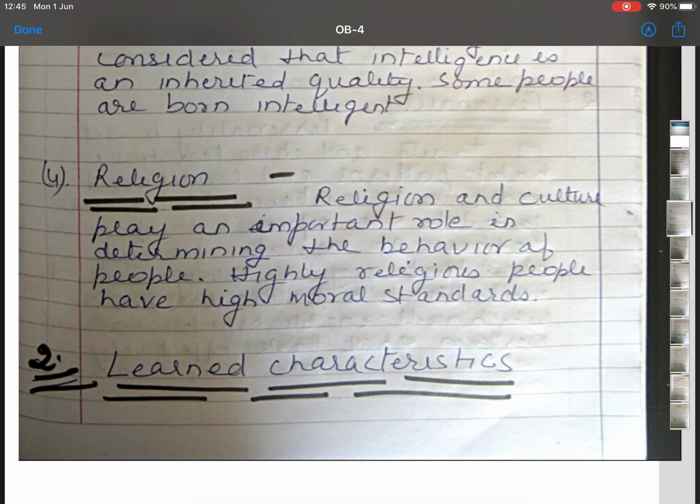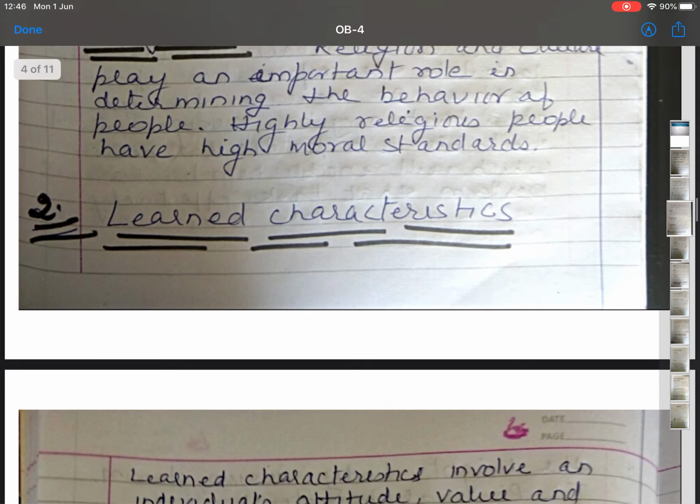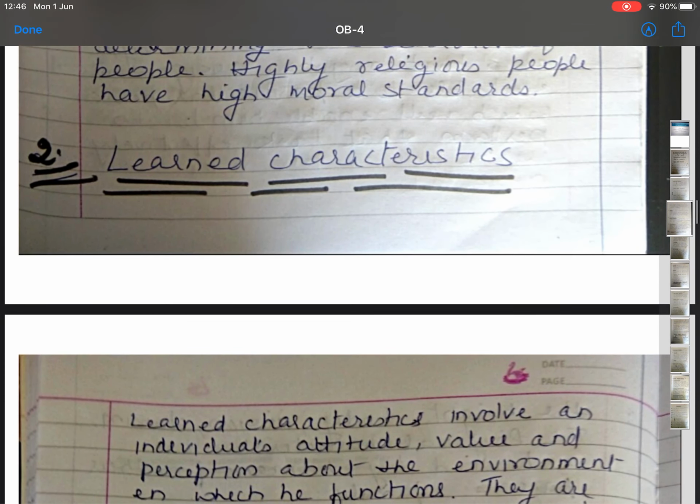Whereas people who are not religious, it has been seen that they don't have as high moral standards in comparison to the people who are religious in this society. Now the second main cause of human behavior is learned characteristics.